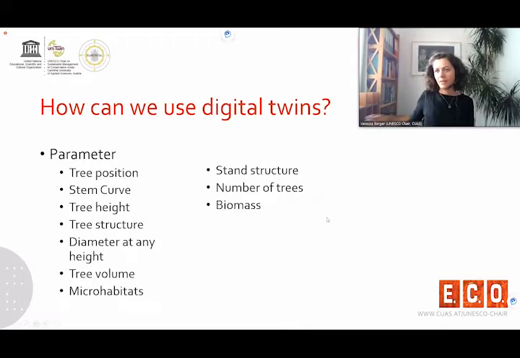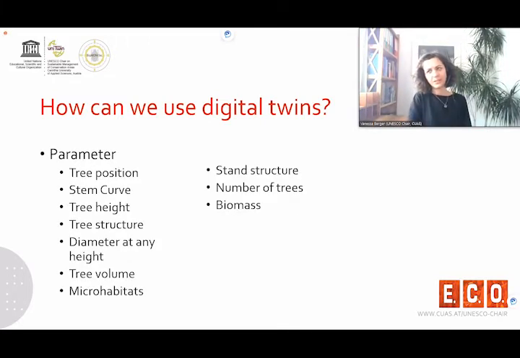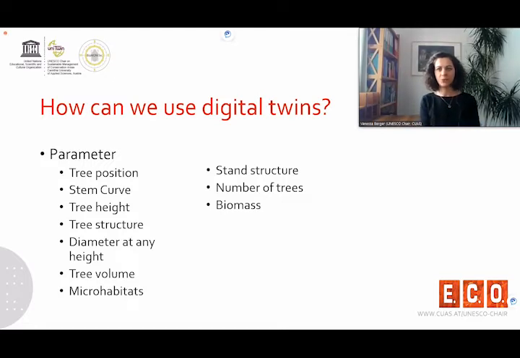Then other parameters we get out of it. So it's the tree position. Until now, we go out and try to assess the GPS position of trees, but it's not that easy under the canopy, where the GPS is quite inaccurate. And if you have such laser scanning, you have tree positions. So you can also describe what is in the neighborhood of a tree.